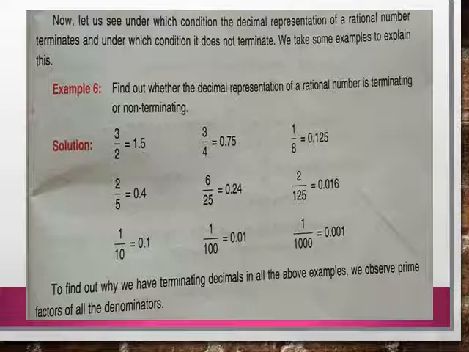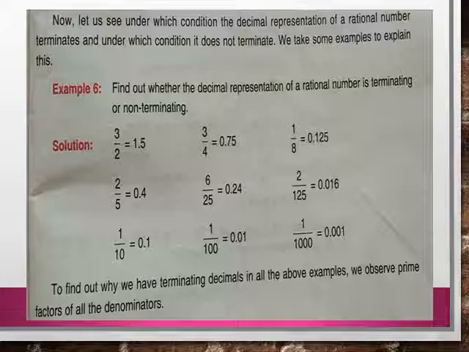We will get remainder 0. 1 upon 8 equals 0.125. 2 by 5 equals 0.4. 6 upon 25 equals 0.24. 2 upon 125 equals 0.016. 1 by 10 equals 0.1. 1 upon 100 equals 0.01 and 1 upon 1000 equals 0.001.